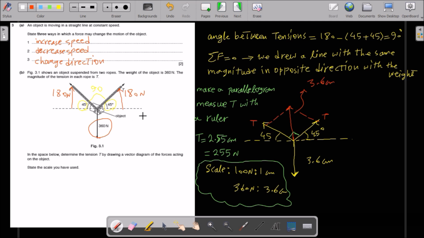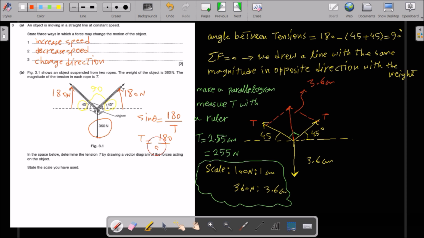Then you can use sine theta equal to 180 divided by T. So you can find T: 180 divided by sine theta, which is sine 45.